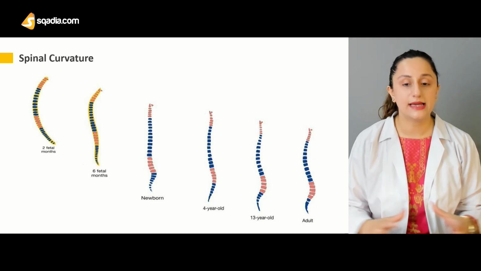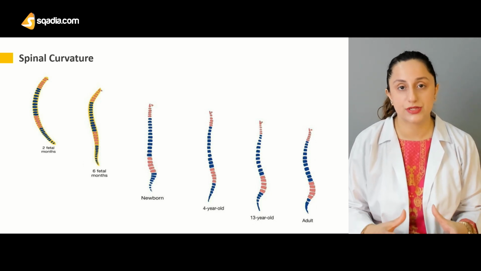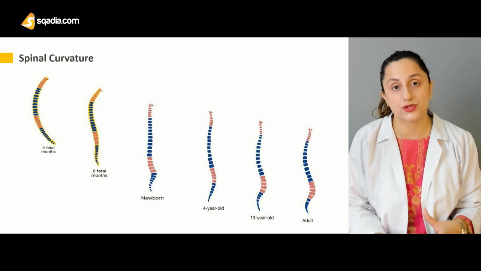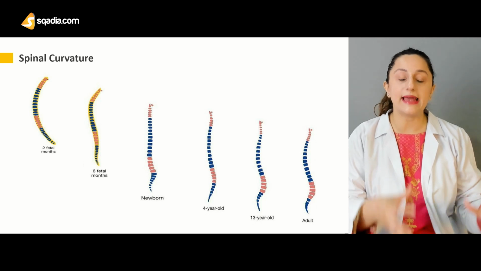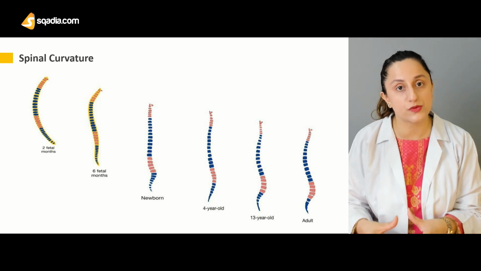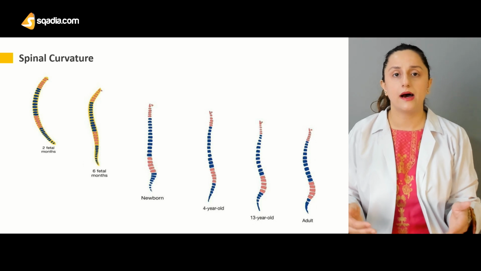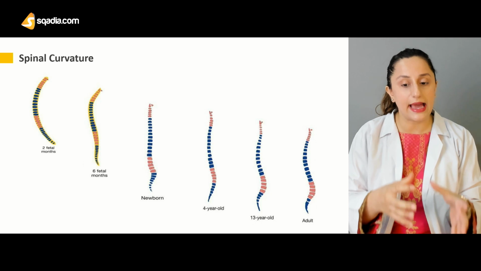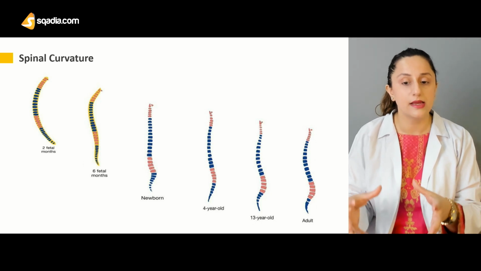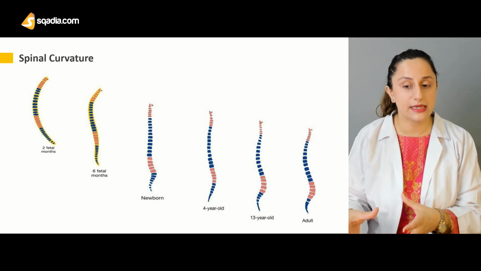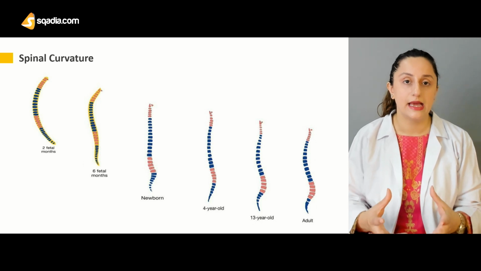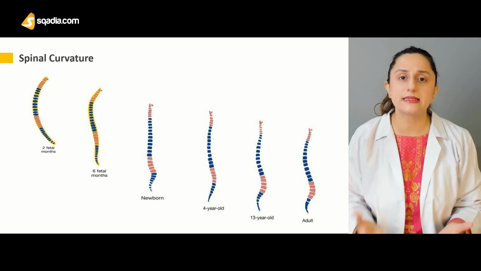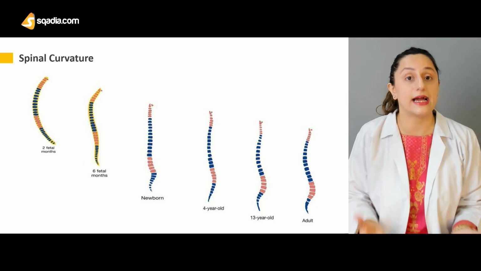So now we know why these spinal curvatures are present, and having the knowledge of these spinal curvatures helps in distinguishing between an abnormality and a normal individual. For instance, a lot of birth defects are usually present in individuals, and this normal evolution taking place in an individual should be differentiated from an individual suffering from some sort of pathological kyphosis.